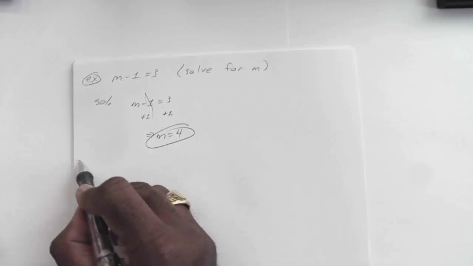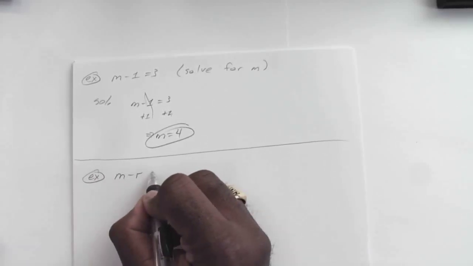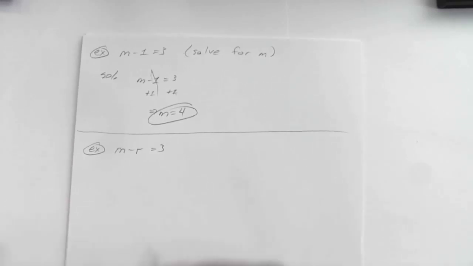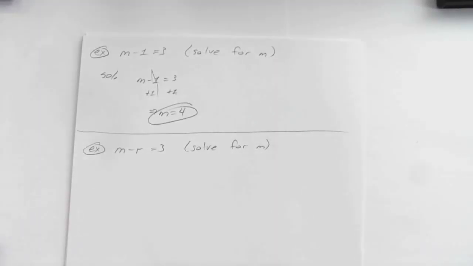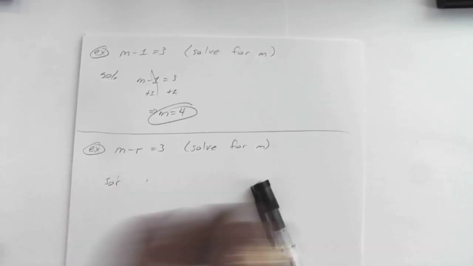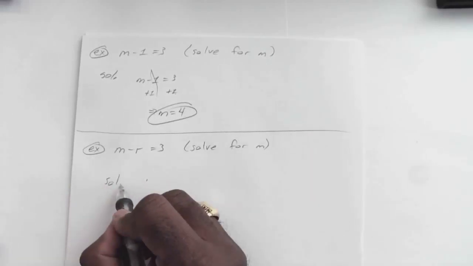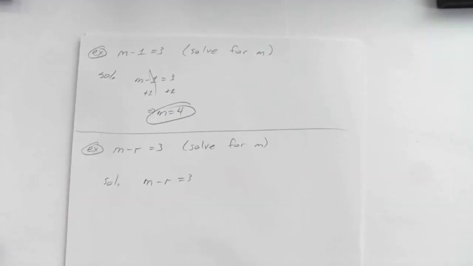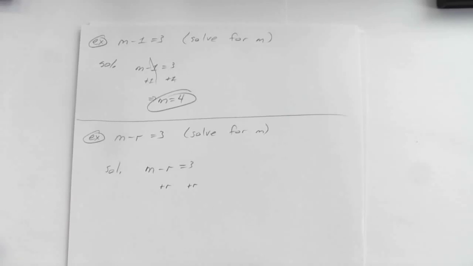Okay, so same thing if we had, let's say, m minus r equals 3, and we wanted to solve for m. Here, where we added 1 to both sides, now we just add r to both sides.